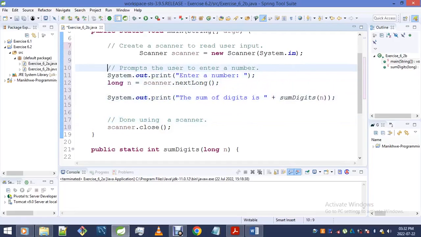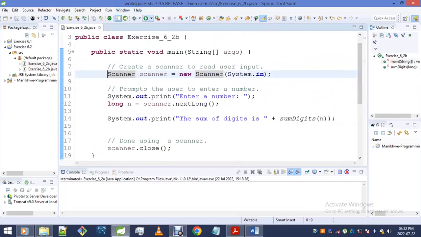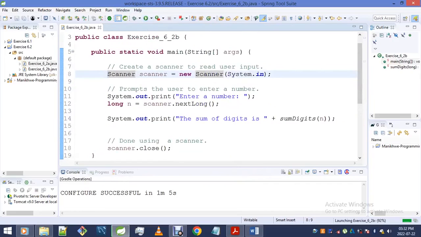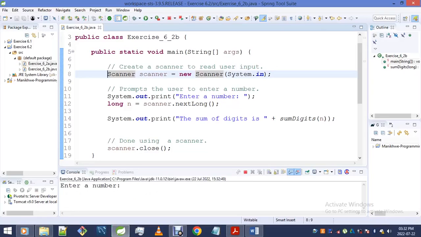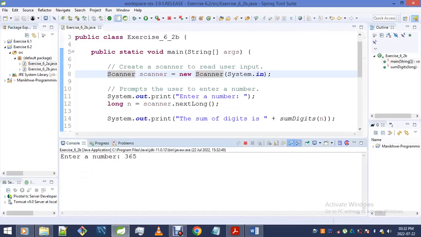Okay, now let's see what we have. Run. As expected.